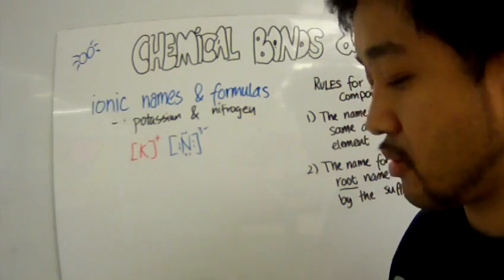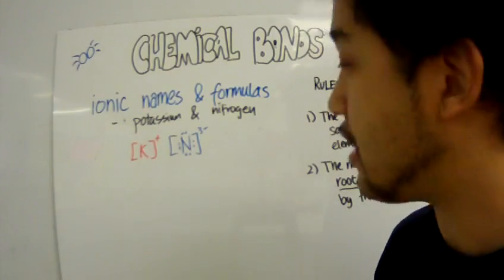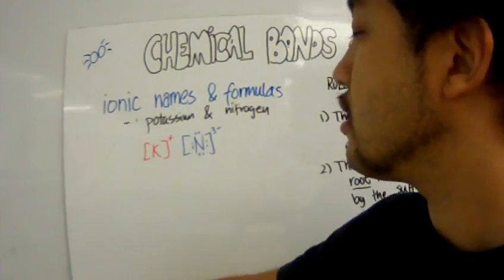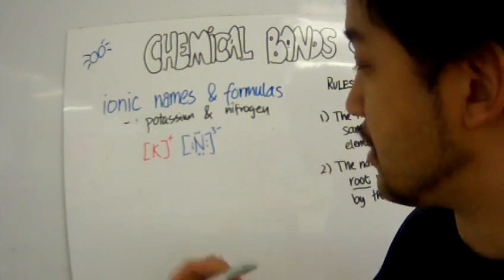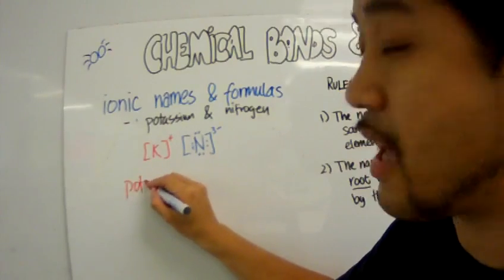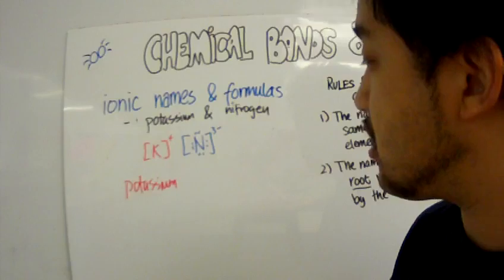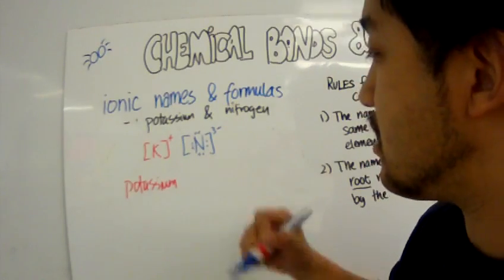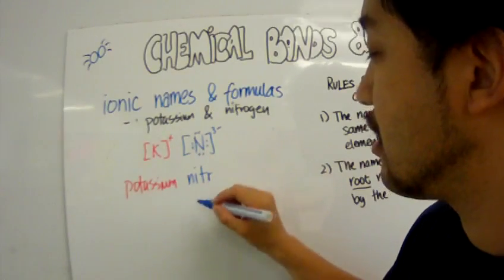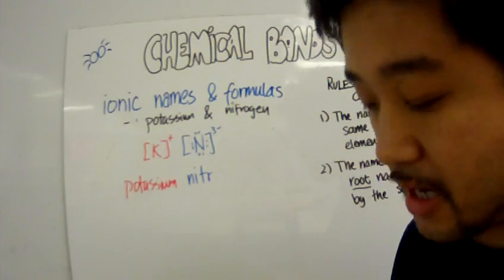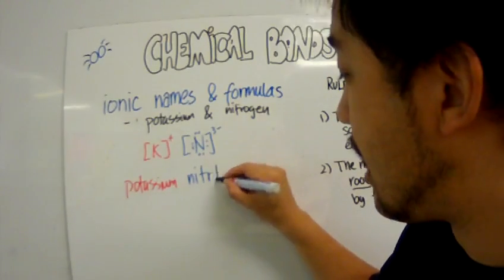So what will the name of this thing combined be? Okay. First, the name of the cation will still be potassium because that's just the element that we are working with. And now the nitrogen ion takes in the root of the name, nitr-, and you add it with an IDE.